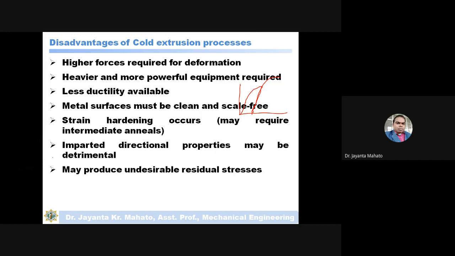So there may be chances of undesirable residual stress, and to minimize this undesirable residual stress, you can anneal the extruded product. So after annealing the extruded part, this residual stress can be minimized. Okay, not only residual stress, but strain hardening also can be minimized by the annealing process.